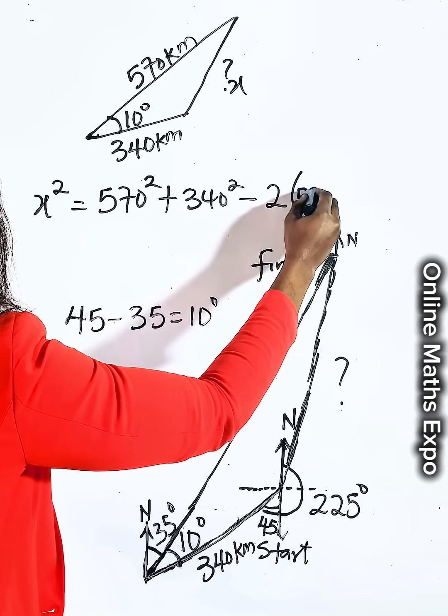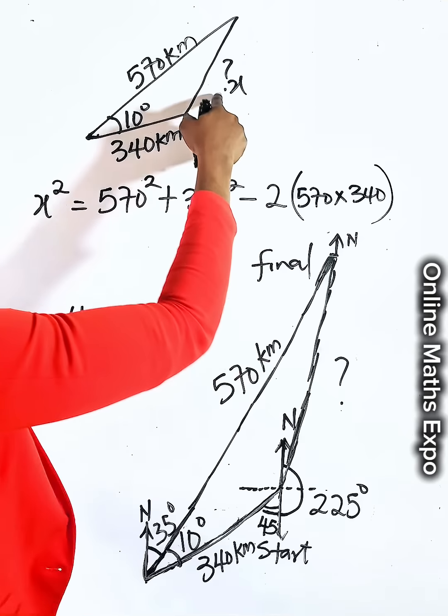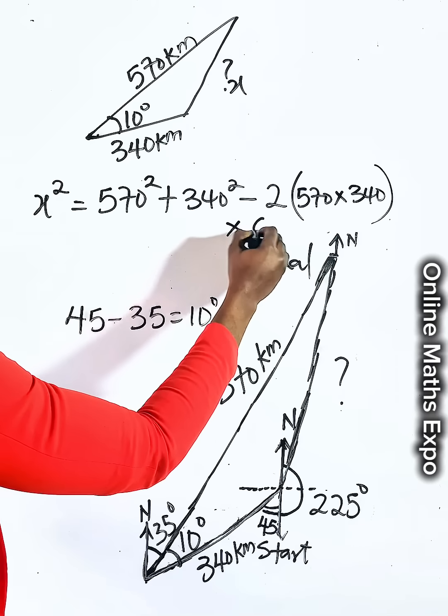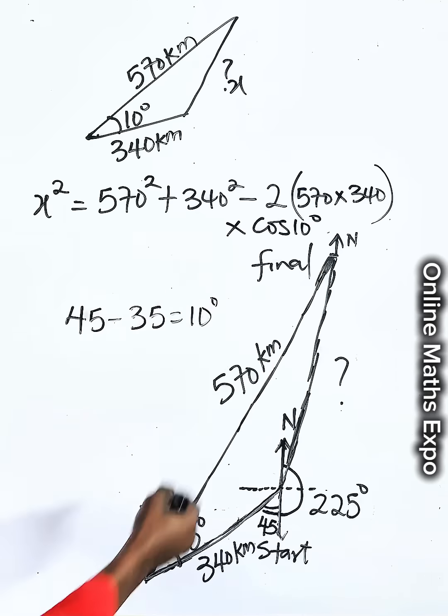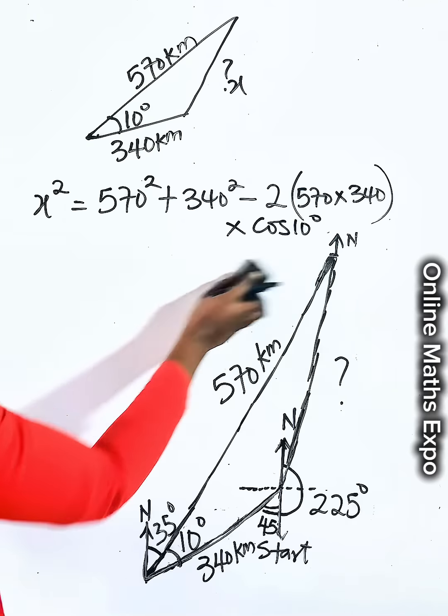So we have 570 multiplied by 340, then multiplied by the cos of the angle, which is cos 10 degrees.